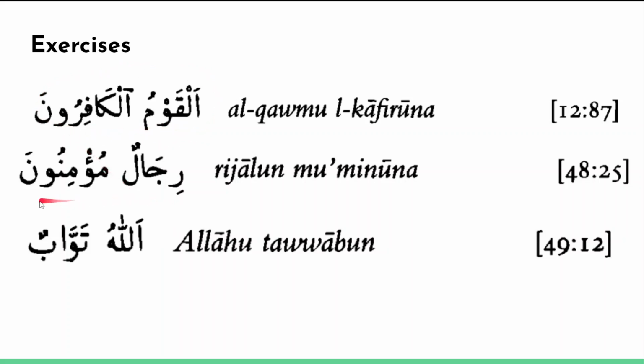Rijalun mu'minuna. So rijal is actually the plural of rajulun, and it means men. And so rijal is actually a very interesting word in Arabic. It's a broken plural, but because it's referring to men, you still use the sound adjective. So this is a bit of an exception. There's a few exceptions here and there, but there's not too many of them.